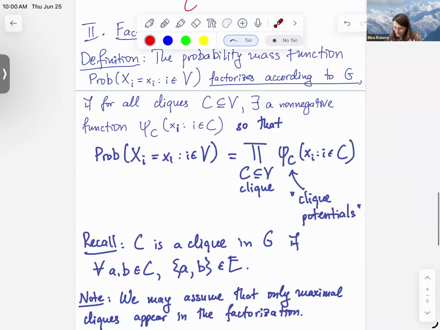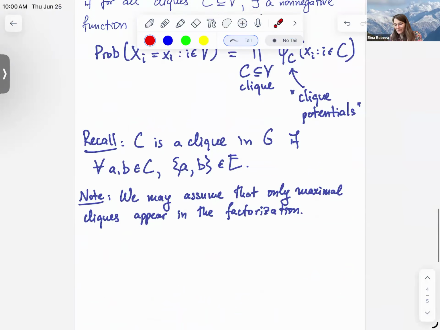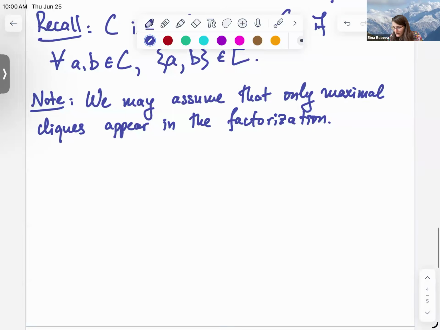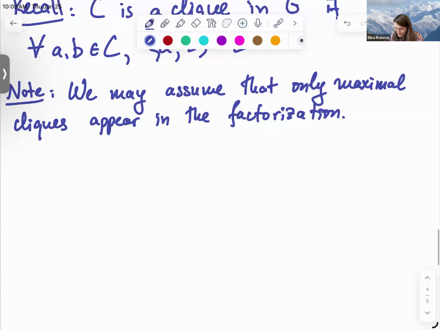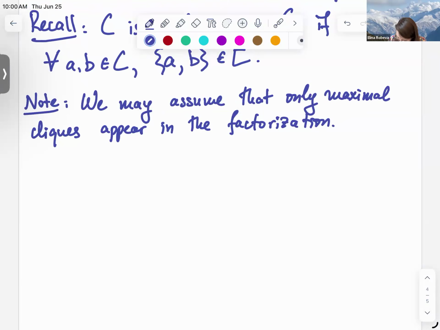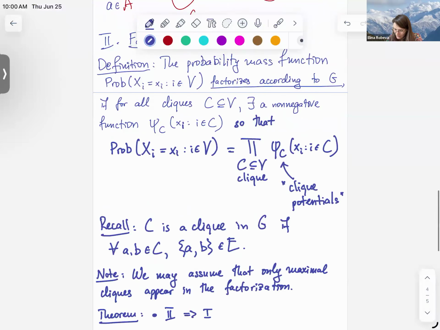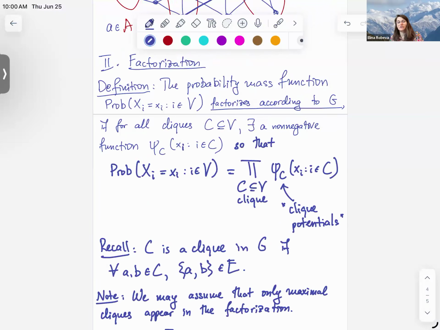So anyway, these are the two definitions, and they sound quite different. And now I'm just going to present a result that says that they're equivalent, more or less. So here's a result, and there are two parts. One, 2 implies 1. So 2 was the factorization definition, and it implies conditional independence.